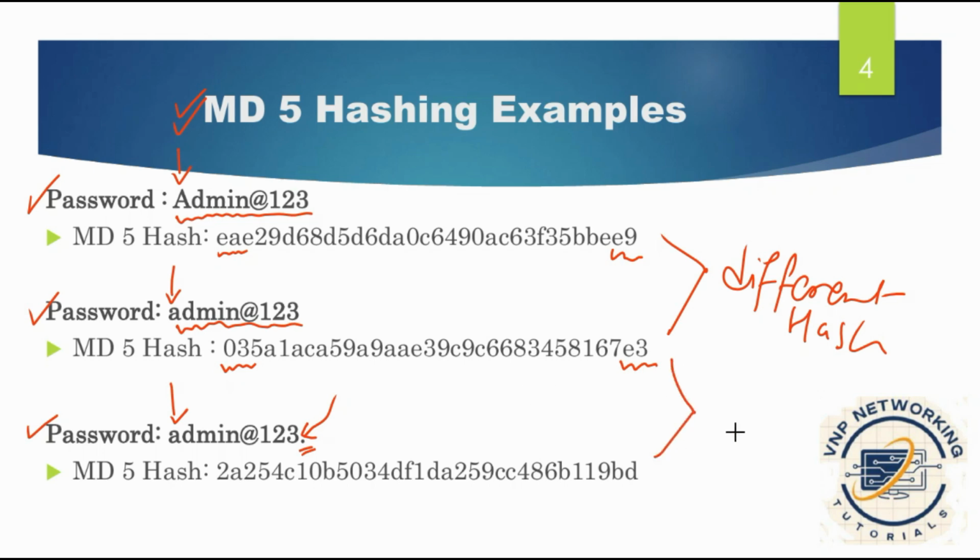But if you see the hash value, it's an entirely different value. For the dot one, you can see that it starts with 2a and ends with BD. So this example clearly shows that the clear text string is case sensitive. If you have a small character or a capital character, it will generate a separate hash value. Even if you put a small dot, it will change the entire hash value.